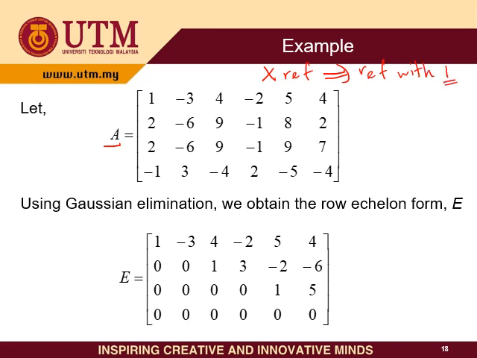We do that using Gaussian elimination. After doing the row operations, we get our new matrix. Let's say here A becomes matrix E, which already has row echelon form with leading ones.